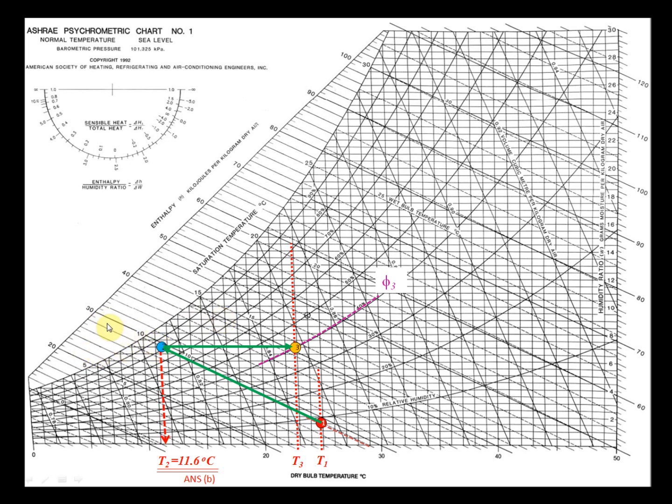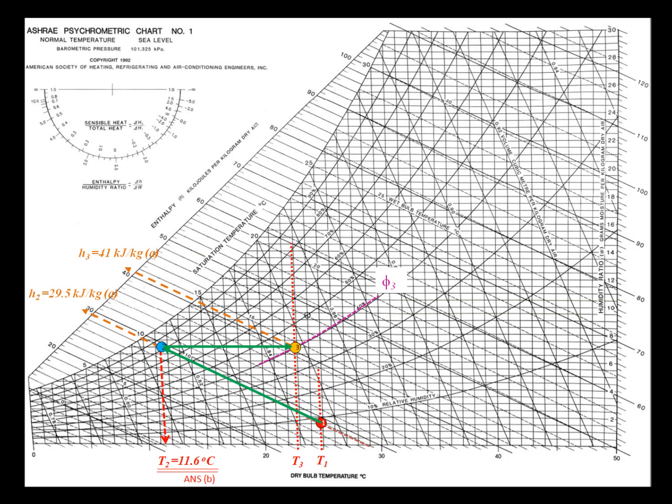If you're not, just parallel the nearest line and then read the values from the chart on the left-hand side. So I'm going to do that from state 2 and from state 3. I read my mixture enthalpy at state 2 as 29.5 kilojoules per kilogram. I put that little bracket in there for dry air to remind myself that's kilograms of dry air. And then my mixture enthalpy at 3 is 41 kilojoules per kilogram of dry air. And I think you'd agree with that based on those readings.